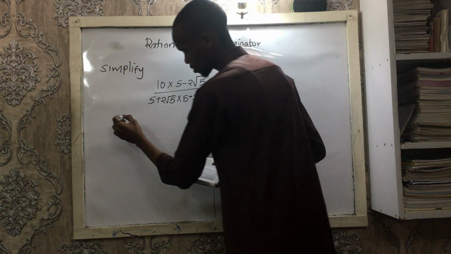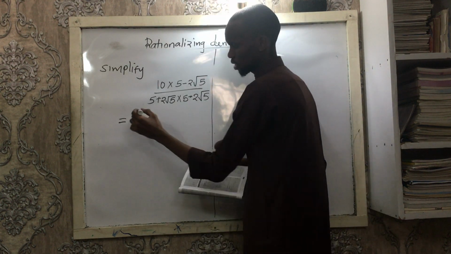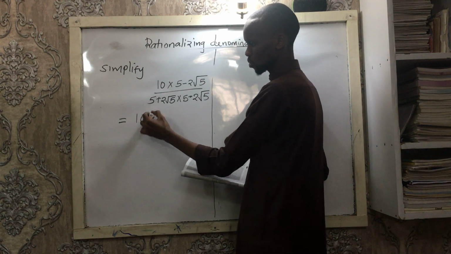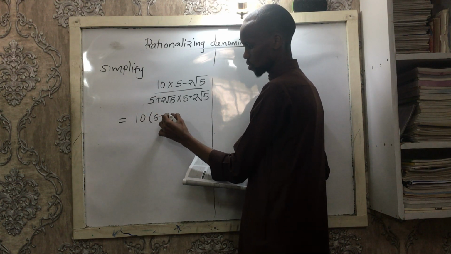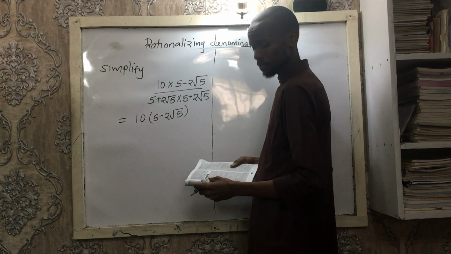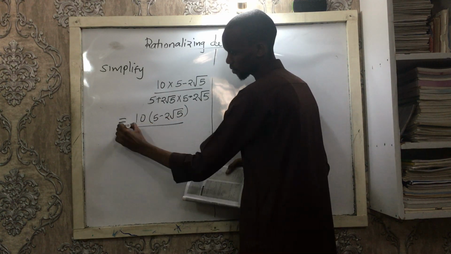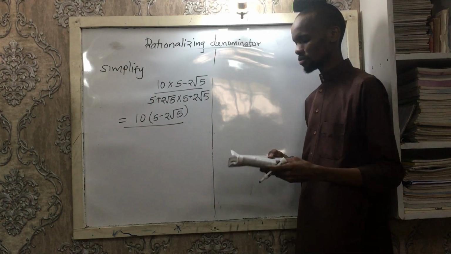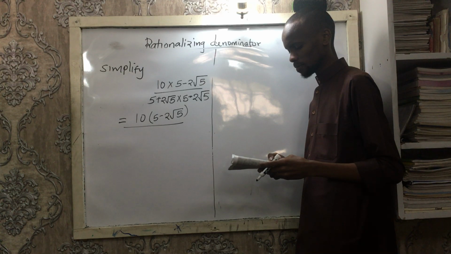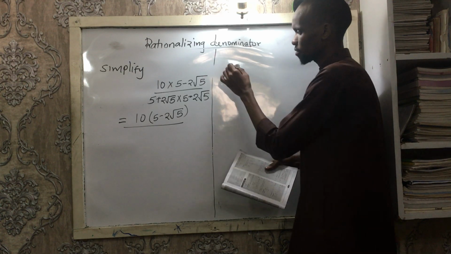Now this is equal to 10 times 5 minus 2 root 5, over 5 plus 2 root 5 multiplied by 5 minus 2 root 5. So we can open this.